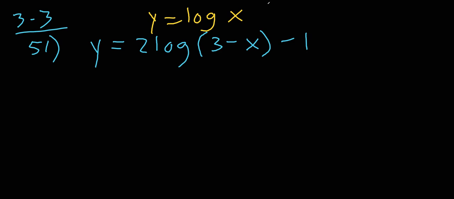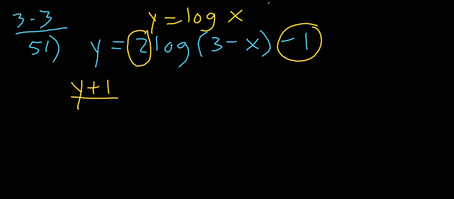Now for those, all we're going to do is put this in fireproof form. Now I see two things that don't belong on this side of the equation. What are you going to do with those two things? How do you get rid of that negative 1 over there? You add it. And how do you get rid of the 2? You divide by it.